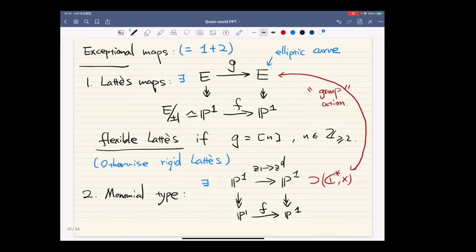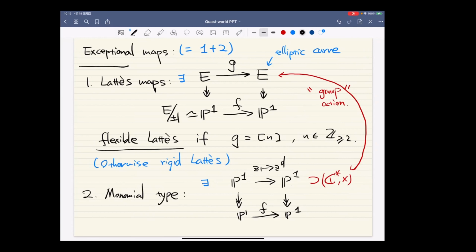So for me, I think that the exceptional maps are exactly the maps from some group structure. You can see that an elliptic curve itself is a group, and G is a homomorphism of a group.